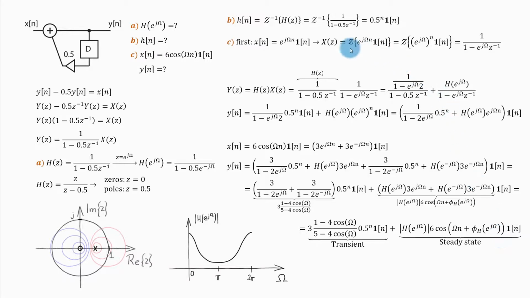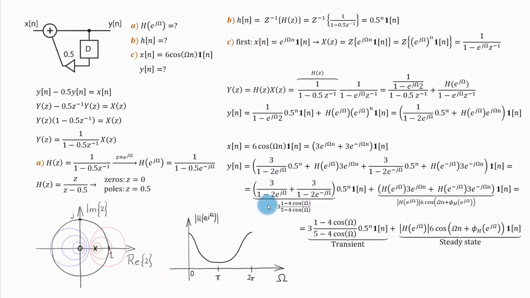So this is how you can use the Z-transform to compute the output of your system if the input is a cosine or a sine. If you do not care about this transient and you are interested only in this steady state, then you do not even have to do this computation.